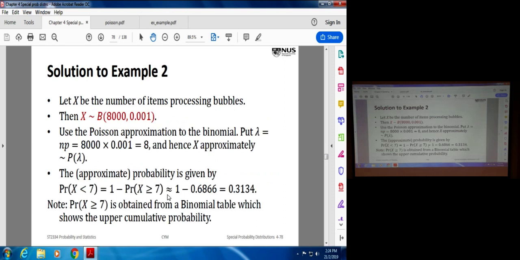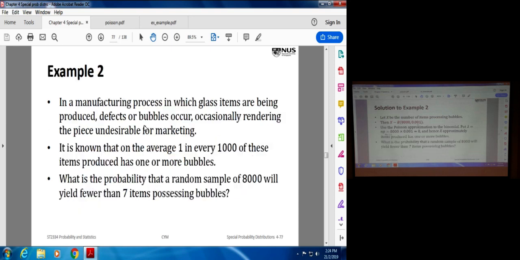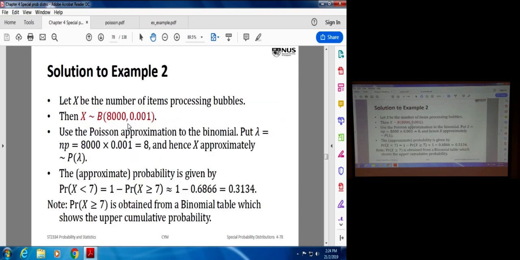So let X be the number of items with this defect or bubbles. Under our assumption, an item either has a defect or it doesn't, and the probability of a defect is 1 over 1,000. And you have 8,000 independent Bernoulli trials.